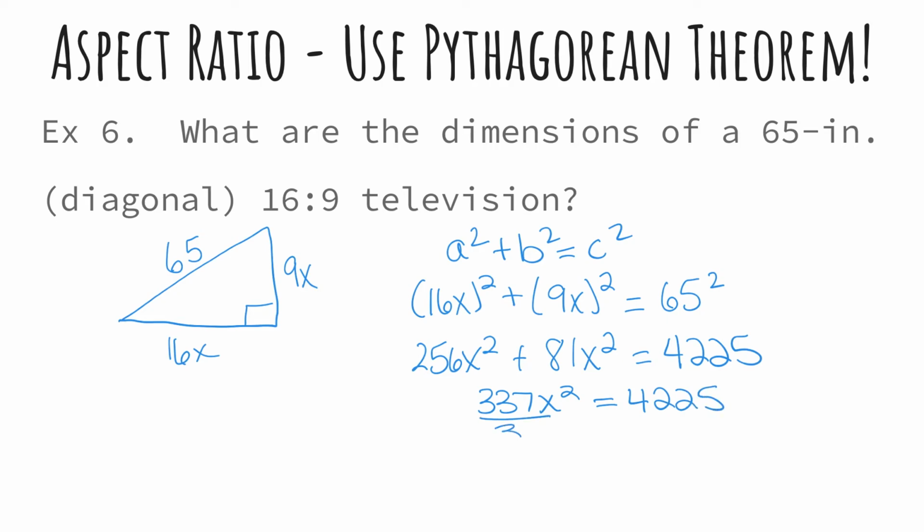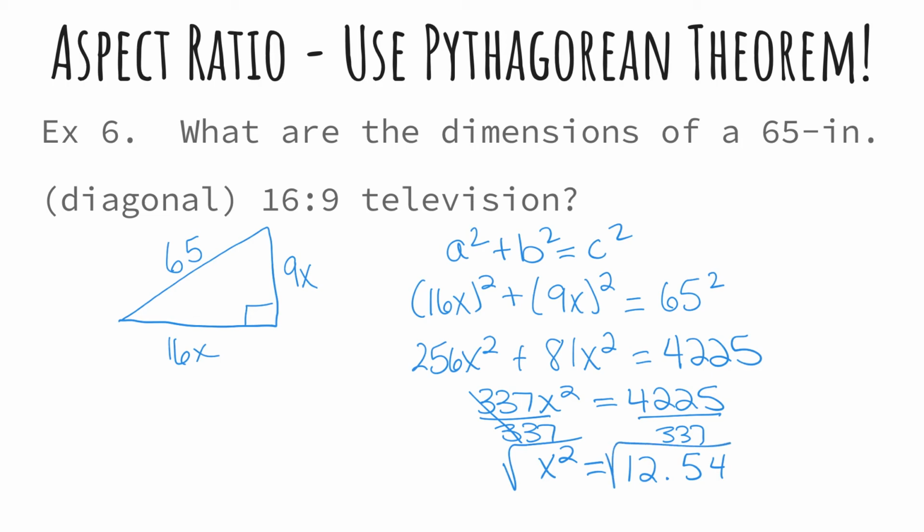If I divide both sides by 337, type that in on my calculator, you get approximately 12.5. Now, I'm going to approximate it when I'm writing it down, but don't clear your calculator. Leave the whole number on your calculator. Now, when you take the square root on your calculator, make sure you're taking the square root of the whole number.